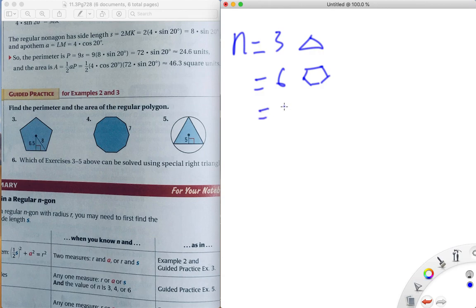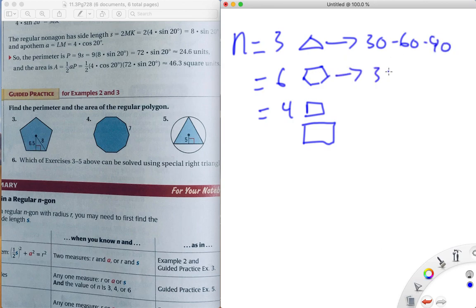And then squares and rectangles have 4 sides. If it's a triangle, you're going to use 30, 60, 90. If you have a hexagon, you're going to use 30, 60, 90.